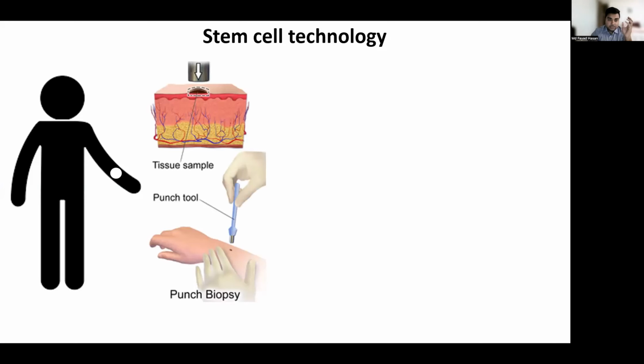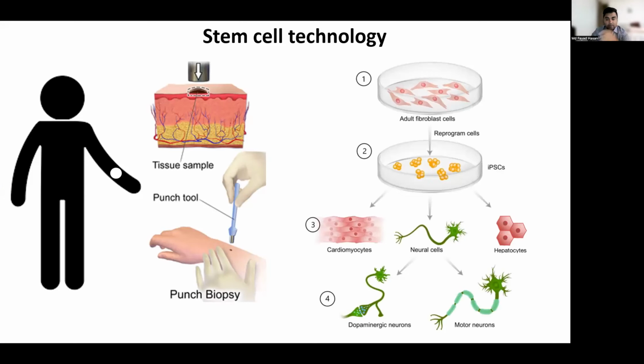And by doing genetic engineering on this skin, you can actually get heart cells, which are cardiomyocytes, neural cells, kidney cells, or any kind of cells. So now you can get cells from patients, not from animals. And these stem cell derived neurons or heart cells give a good chance of getting actual human-like results from these compounds.